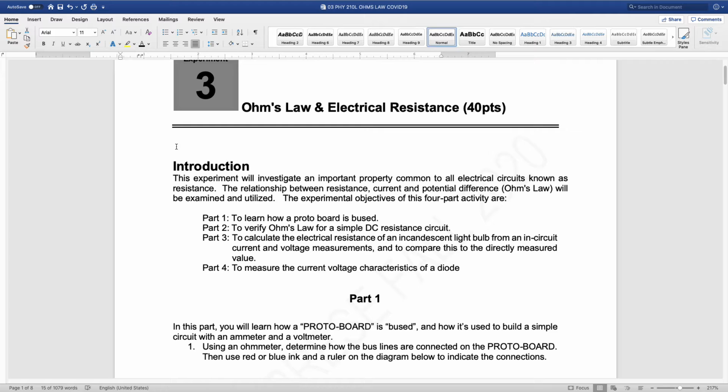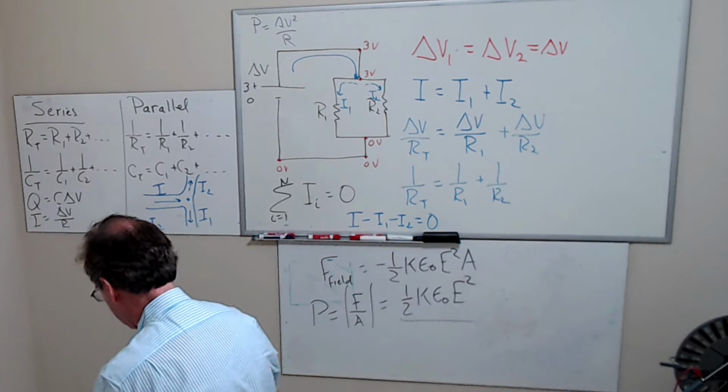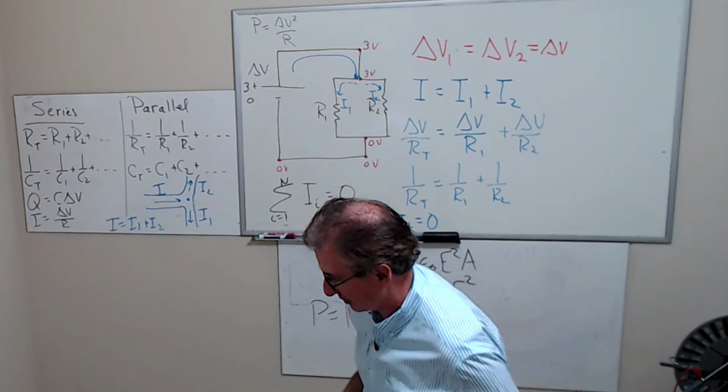I need your feedback as to how the experiment goes. You're going to require some equipment, so let me show you the equipment you're going to be using for this lab. You're going to need a breadboard. Again, my breadboard is different than yours.